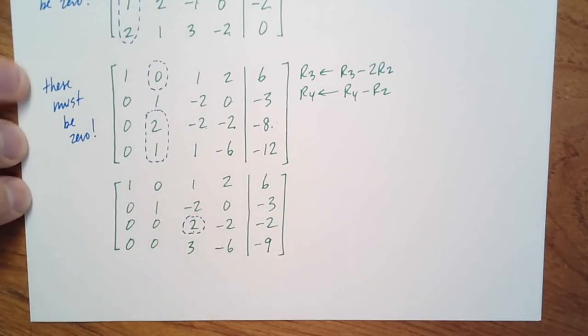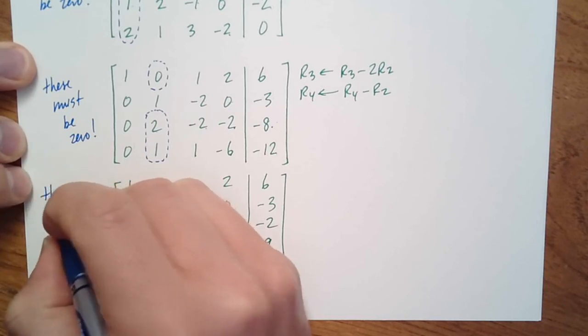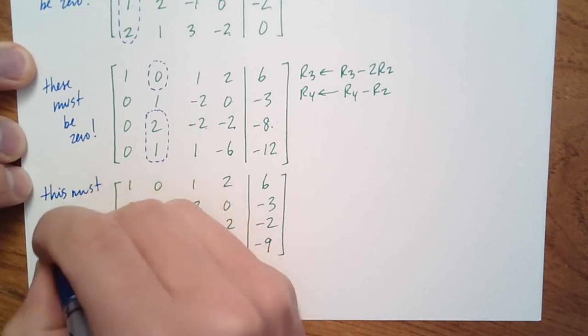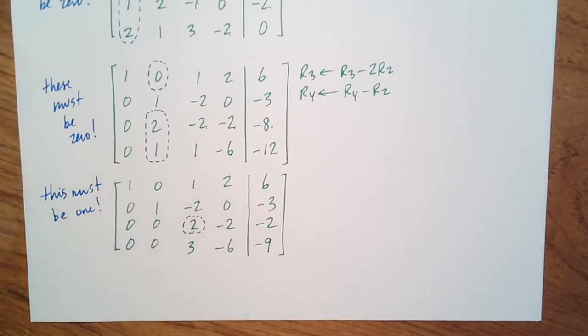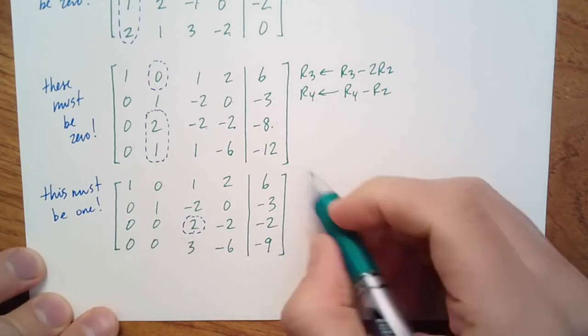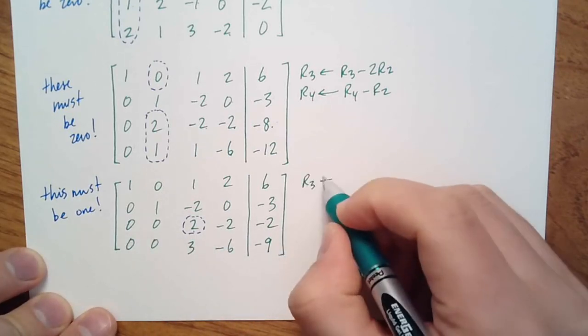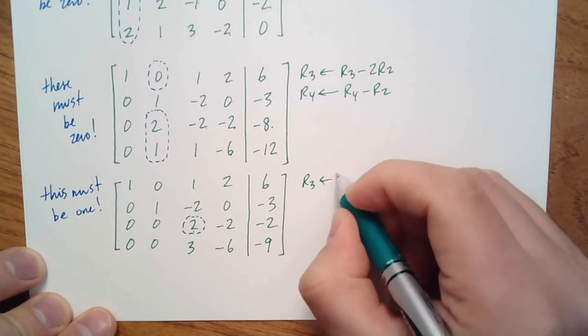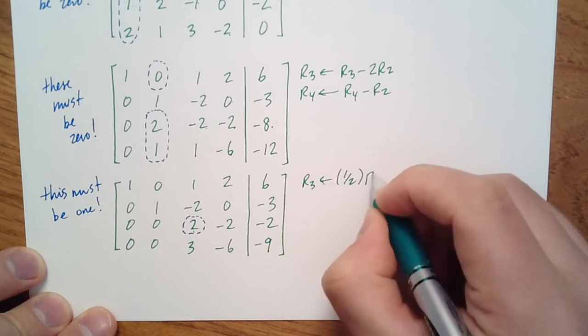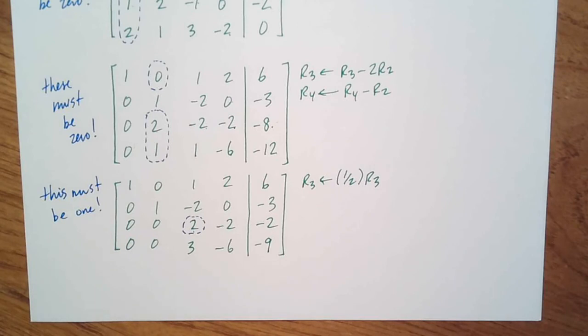This must be a 1. Well, remember, if you have a non-zero entry and you would like it to be a 1, you can multiply that entire row by the reciprocal of this entry. So we are going to take row 3 and replace it with 1/2 row 3. So multiply the entire row by 1/2, and that'll do the job.